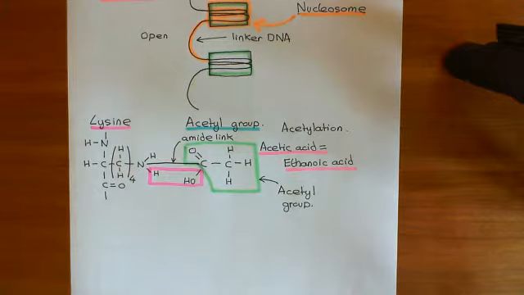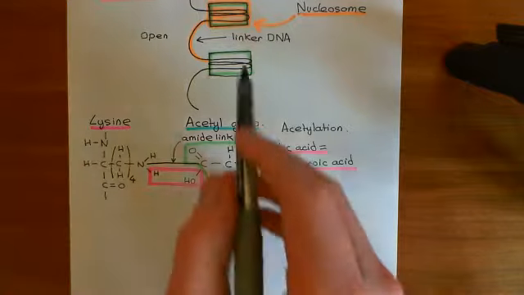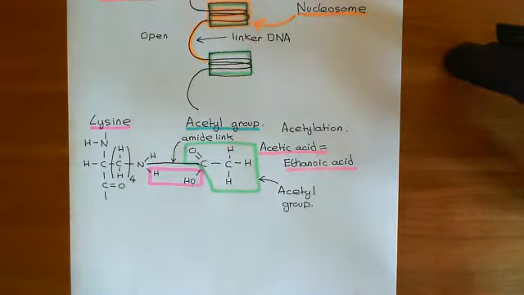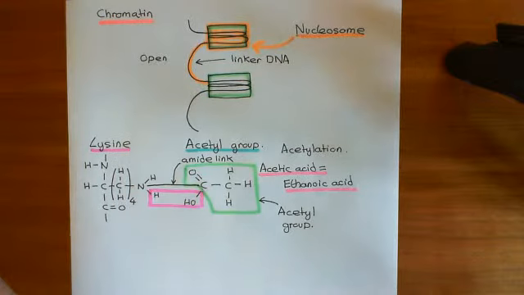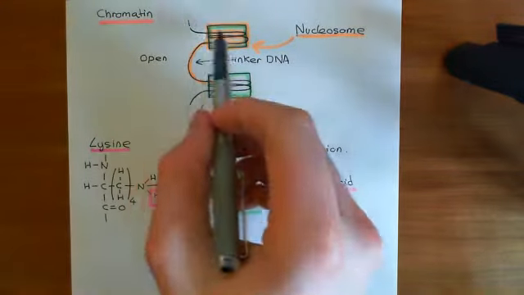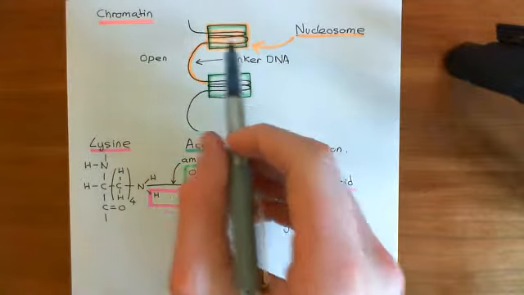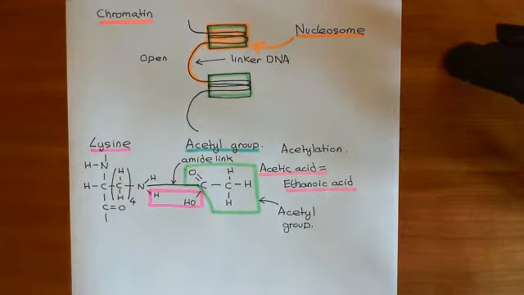If you add acetyl groups onto lysine residues within histone proteins, it causes the DNA to loosen how tightly it is wrapped around the histone core complex. The DNA will become more open, and then the RNA polymerase II enzyme will have an easier job firstly binding to the promoter region of the gene, and then working its way along to produce the piece of mRNA.